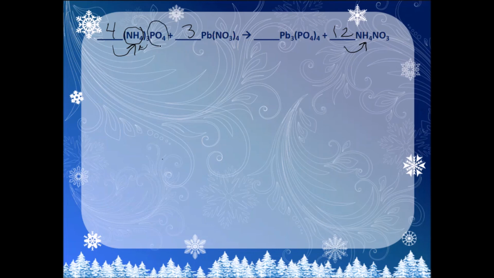How many phosphates over here if you have 4 in the whole grouping? I have 4 PO4s. How many PO4s on this side? Try again. 4. How many Pb's? How many NO3s?